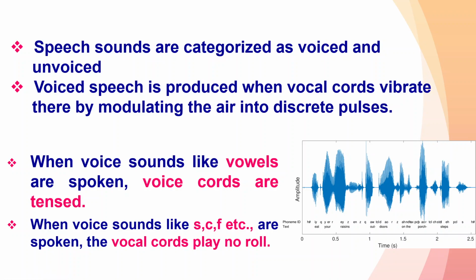The low amplitude or high amplitude waveforms are voiced, and the high amplitude sounds are like vowels if we pronounce A, E, I, O, U. So we will have high amplitudes. And if we pronounce unvoiced sounds like S, C, F, the amplitude is very low. So this is a graph showing human sounds.